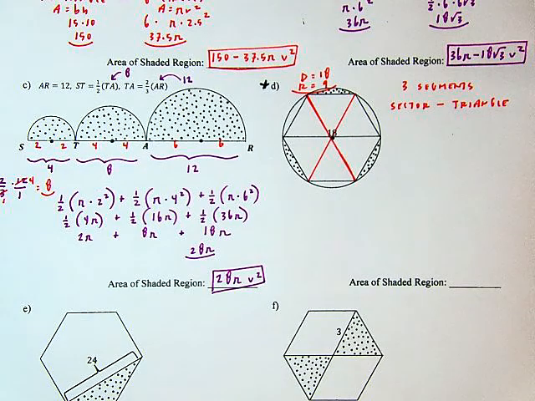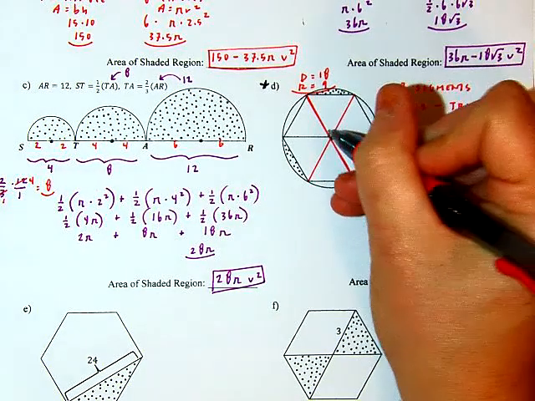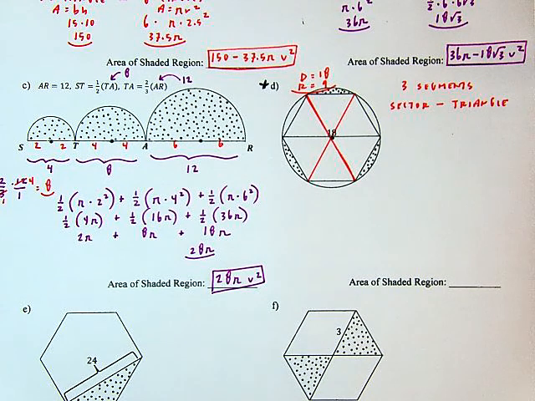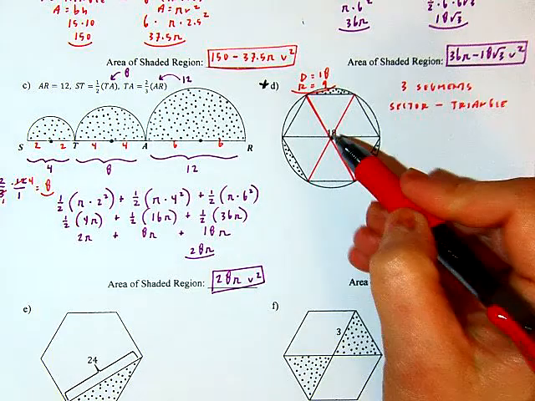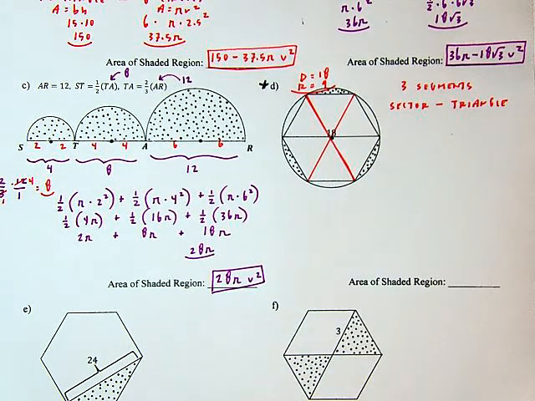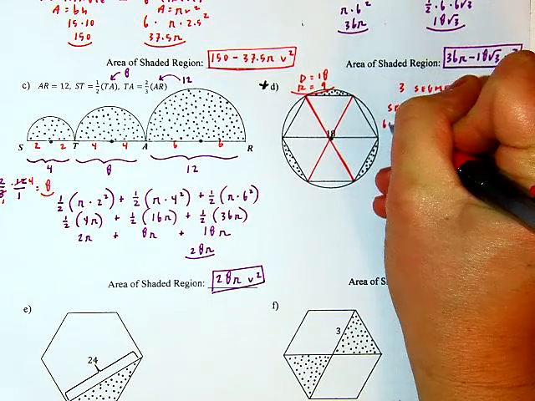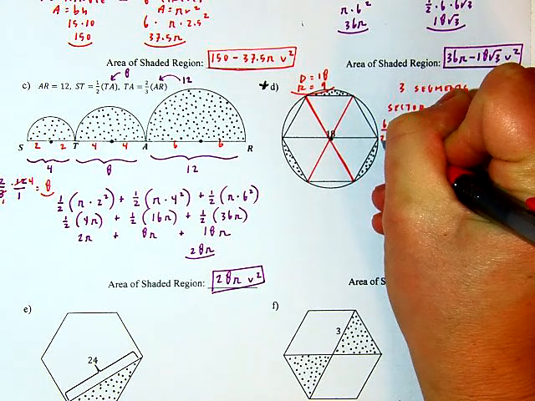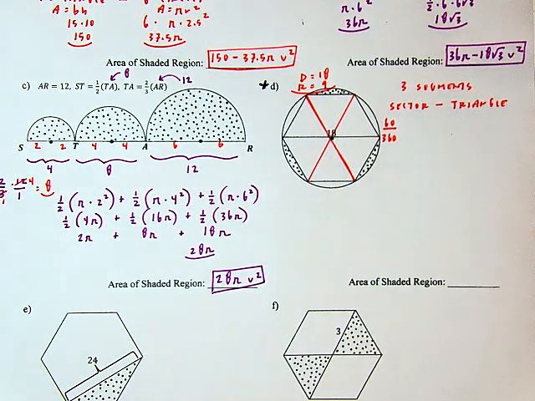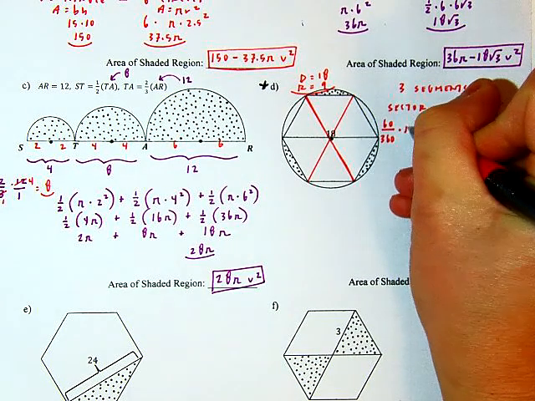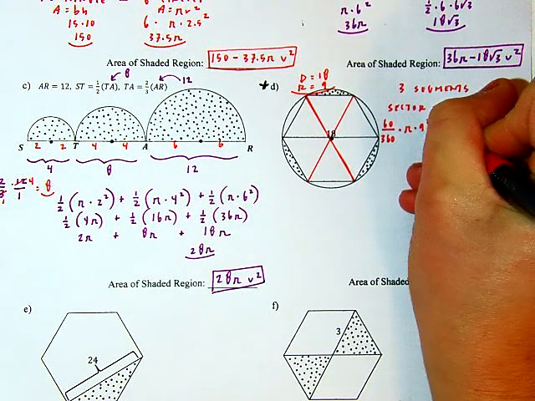So my sector, I know that each of these angles is 60. Remember that a regular hexagon splits into 6 congruent equilateral triangles. So the central angles here, here, here, here, here, here, all 60 degrees. So I'm looking at the ratio of sector to circle, 60 to 360, and then multiply by area of the circle, pi times 9 squared.